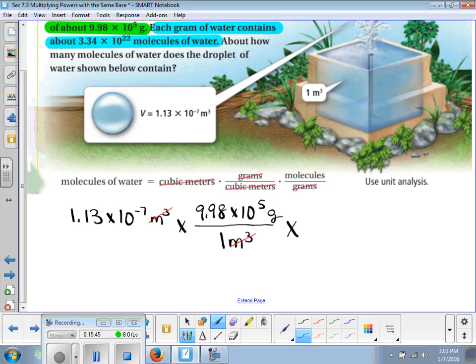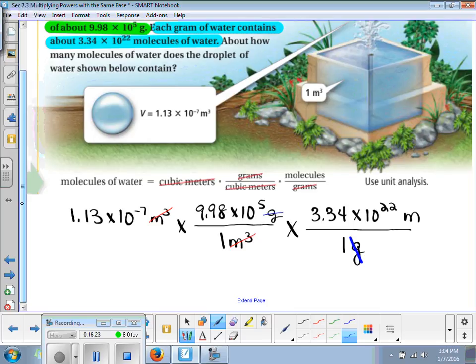So we've got 1 gram of water is equal to 3.34 times 10 to the 22nd molecules of water. So now grams and grams will cancel. And what's my only unit left? Molecules. So if I multiply all of this, I will have my answer.